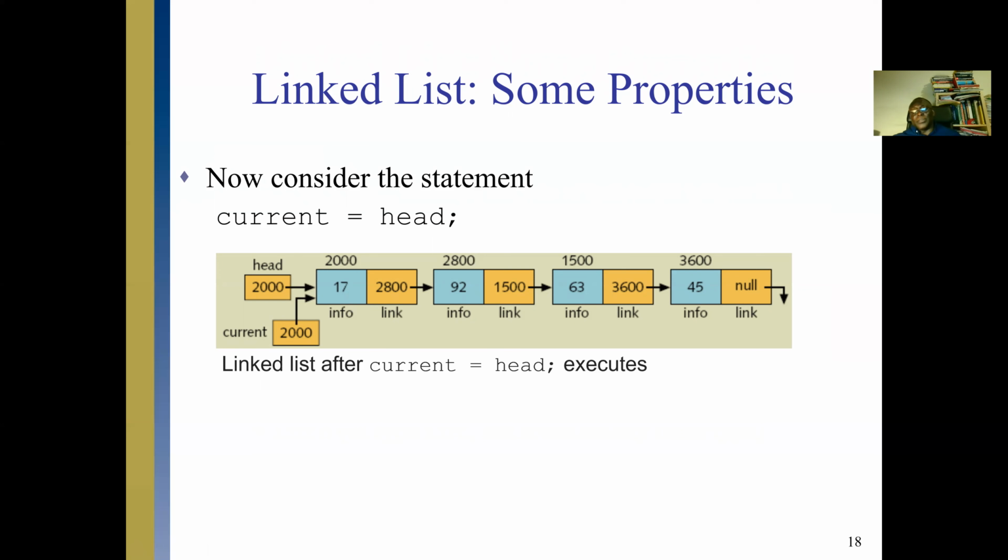Because of that, we always create a new pointer, and we want the pointer to start at the same place where the head is. This new pointer is called current. You can see here we assign head to current, which means current also will be 2000. Then I can move it along and we still keep our linked list because the head is still there.